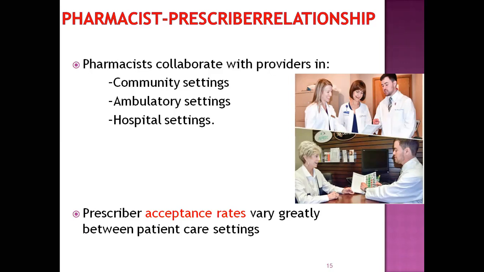So this is one of the major parameters for non-adherence. Whatever prescriptions are written by the physicians, the acceptance rate at pharmacy stores varies, and due to that, ultimately the patient's care is not taken properly.